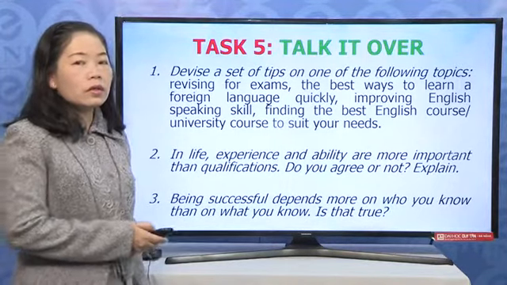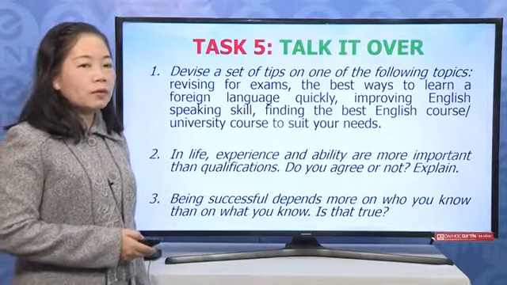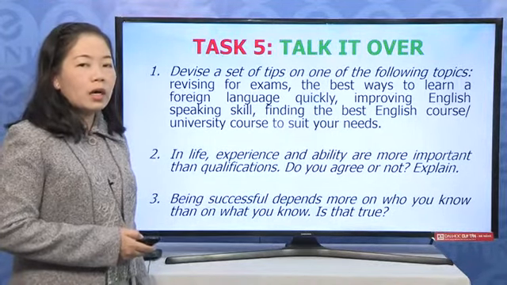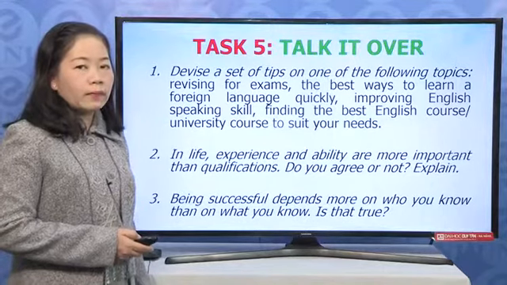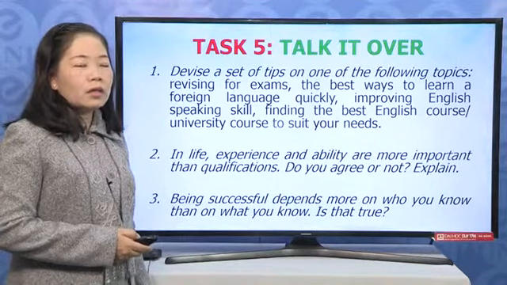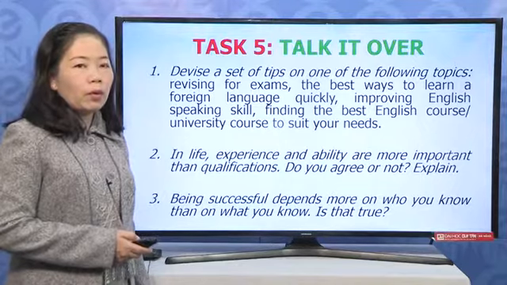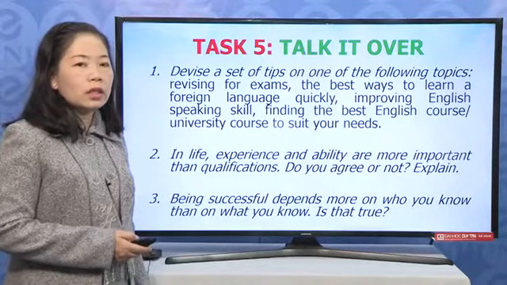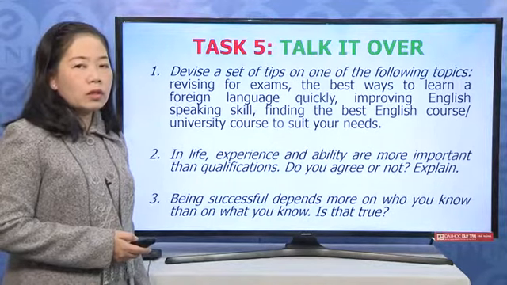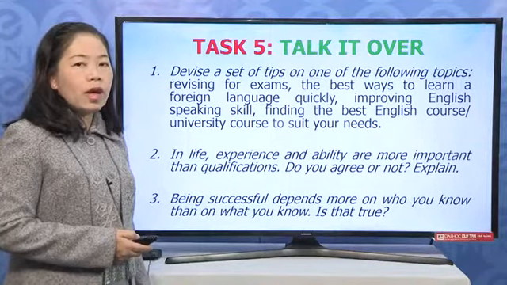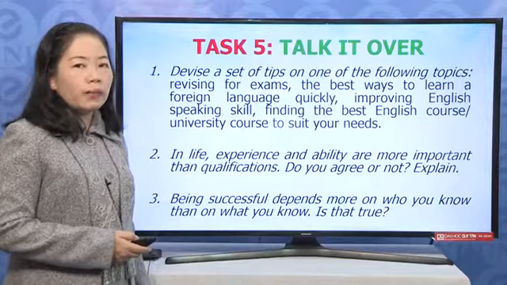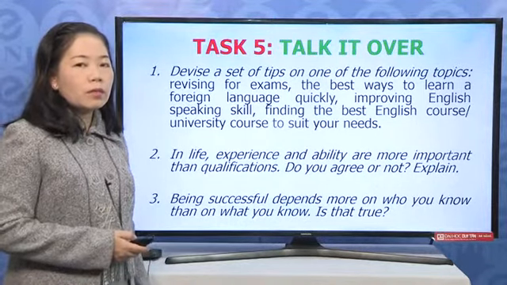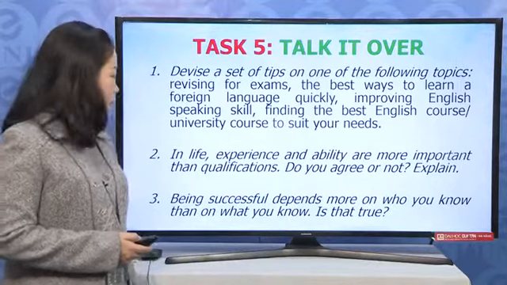Remember, in this question, you have to mention the reality of the society today. Nowadays, it's the fact that many people get high social position, get good job, or get promotion thanks to their special relationship with a special person. Okay, so you should mention this point.